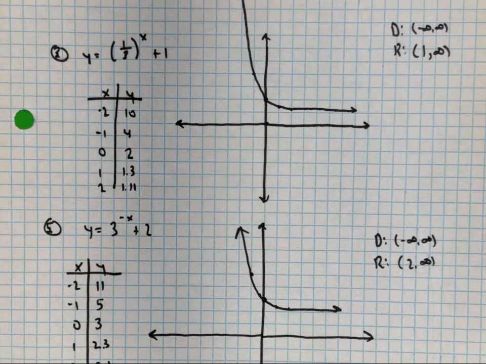So just keep that in mind. This plus 2 has an effect. It moves the parent graph up 2, so it's going to be approaching 2. So I'm going to draw it very close to 2. And then I use my table values. I always use -2, -1, 0, 1, and 2 to help me graph.